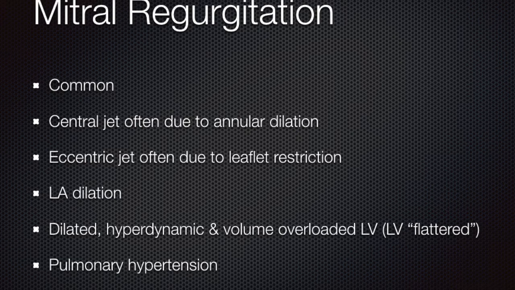So as we said earlier, you can get left atrium dilatation as a result of this, and hyperdynamic, overloaded or flattened left ventricle. There may also be pulmonary hypertension due to increased pressure in the left atrium.